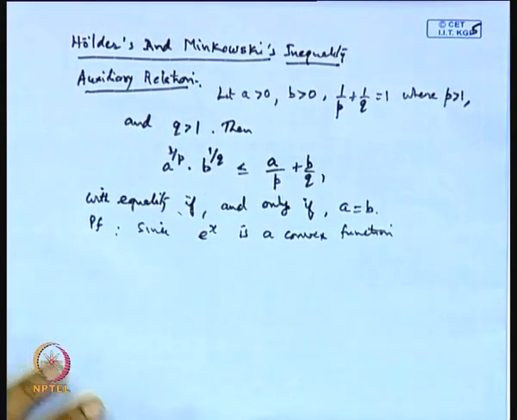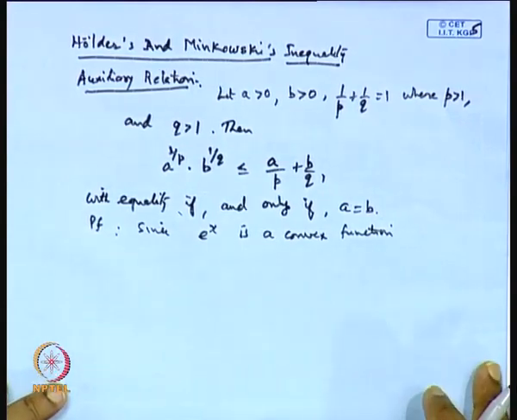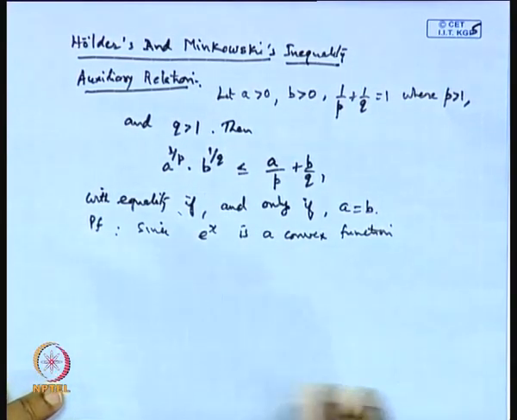By a convex function, we mean a function is said to be convex when f of lambda x plus mu y is less than or equal to lambda of f x plus mu f y.